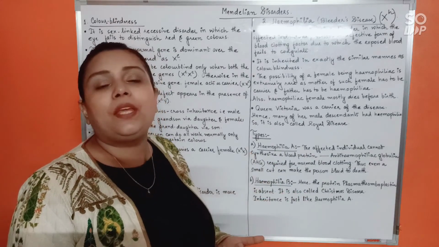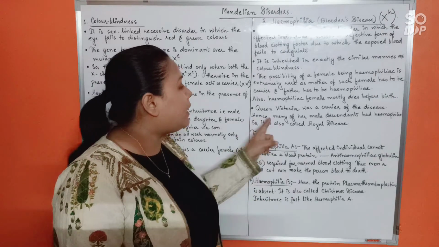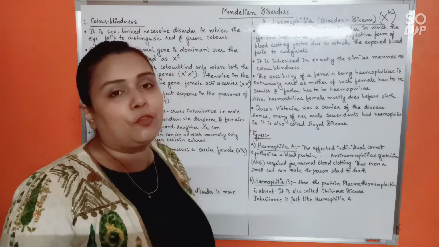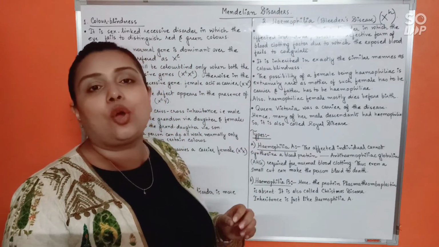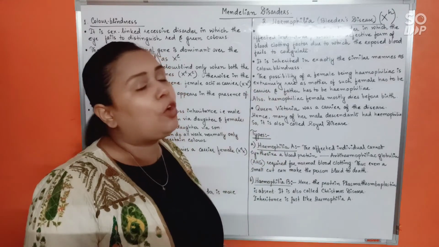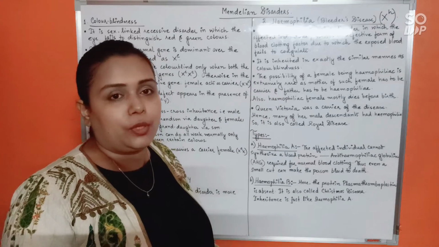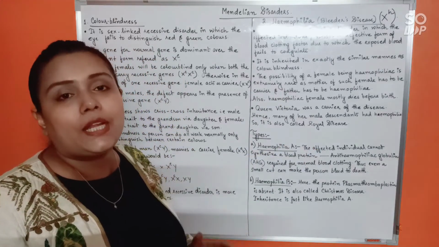So the son would directly become a hemophiliac. So in that case, many of her male descendants had hemophilia. Because this is a genetic disorder that runs in the royal family, hemophilia, apart from being called Bleeder's disease, is also known as royal disease.